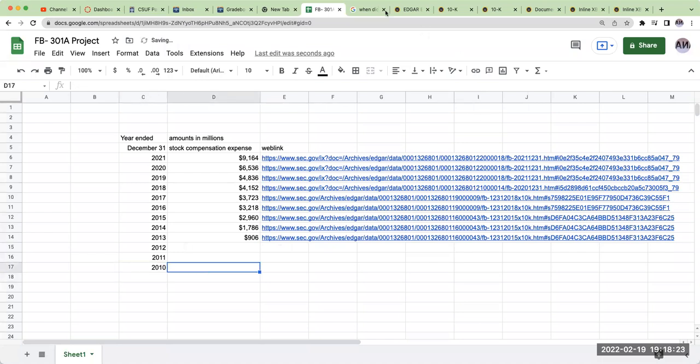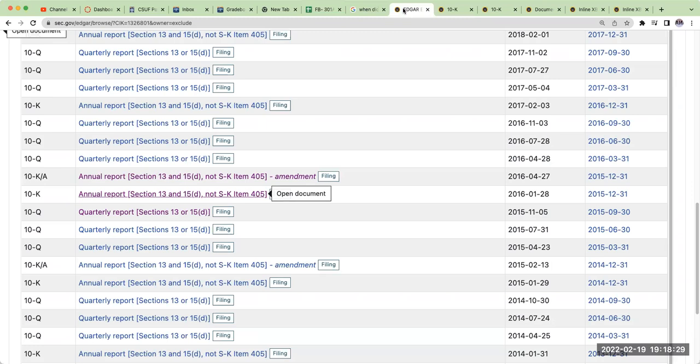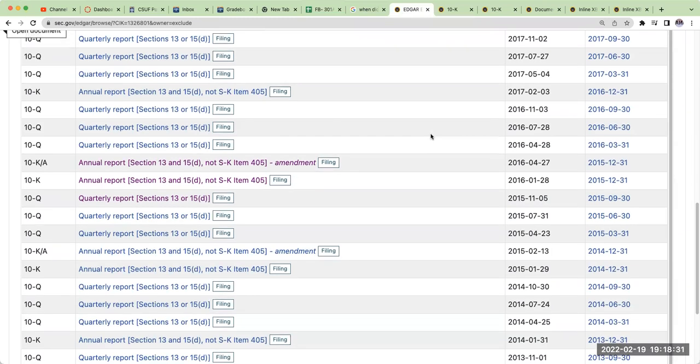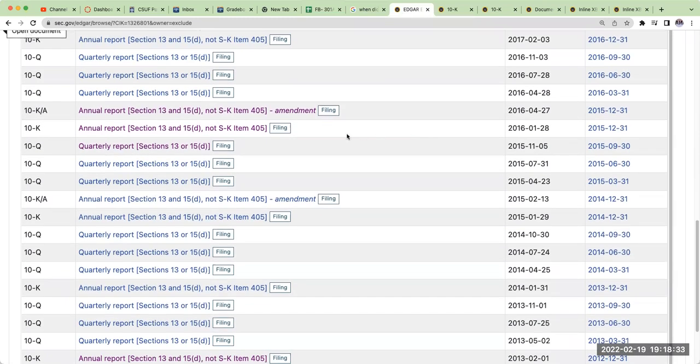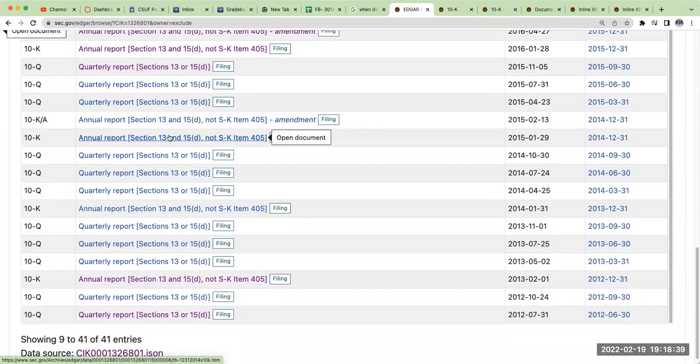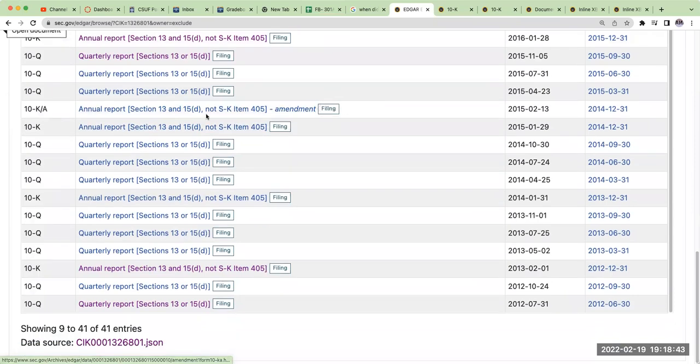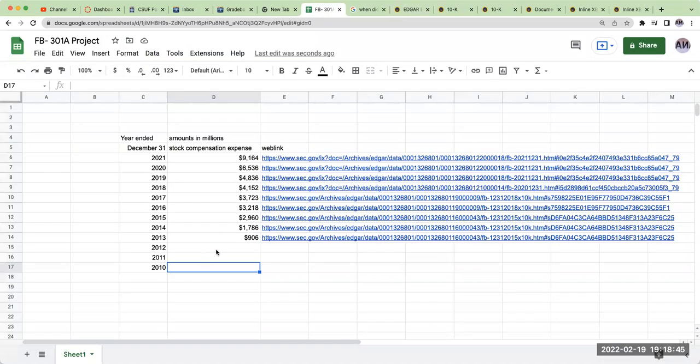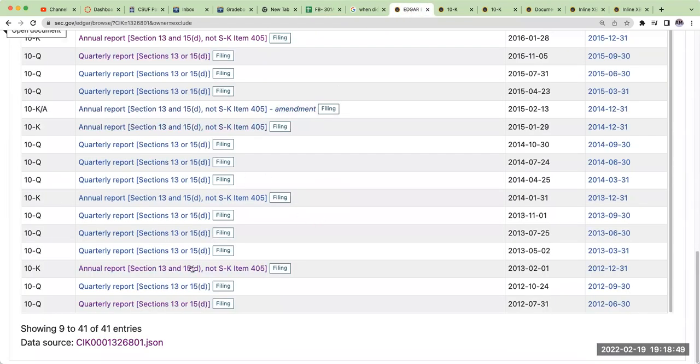We'll see how far we can go back. Just to give you an idea, Facebook began operations in 2004. However, they went public in 2012, but we may be able to get some additional information, and I'll show you how momentarily. Now we're looking for 2012, 2011, and 2010.